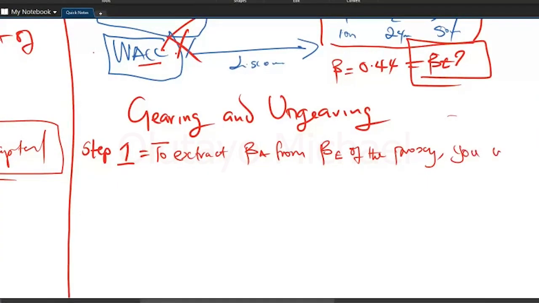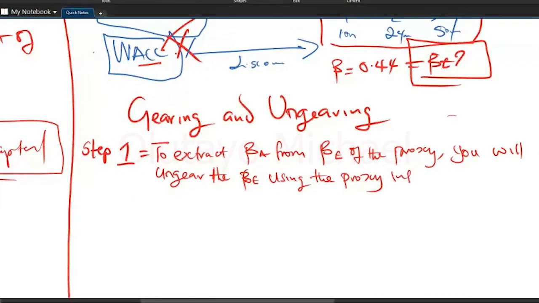You will ungear the beta of equity using the proxy information. And how do I ungear?